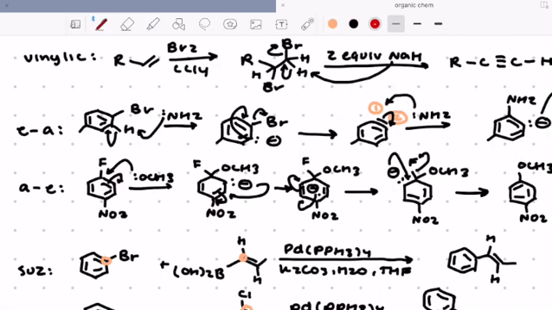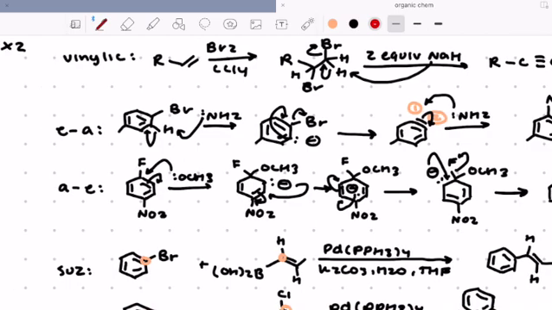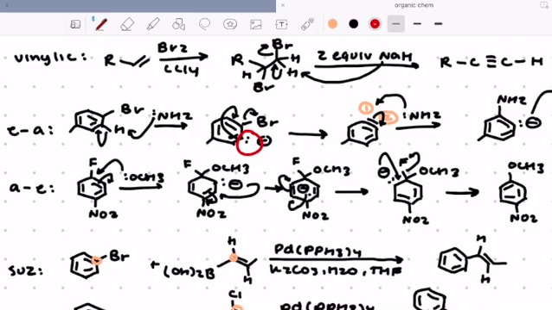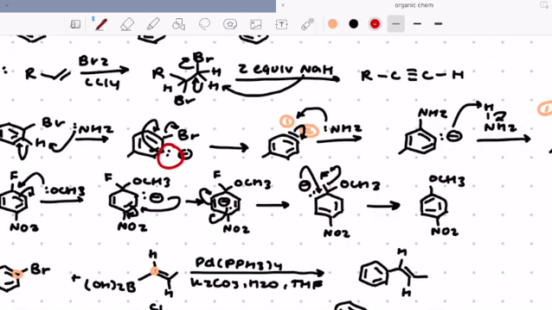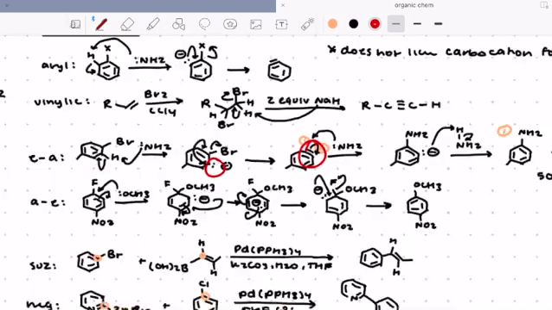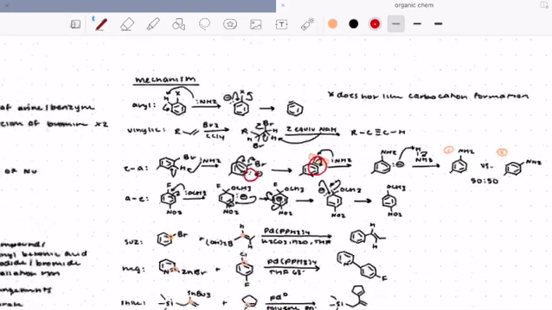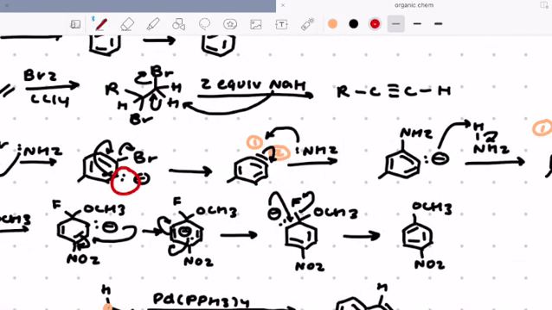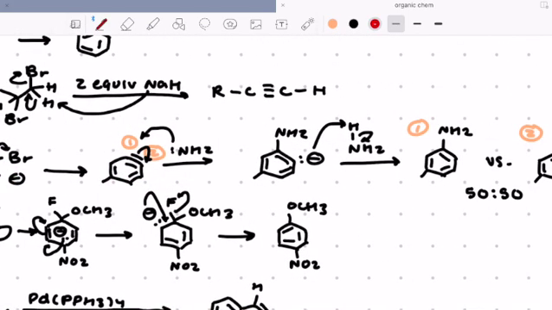Again, you're going to be using NH2 to remove a proton and shift electrons on the aromatic ring. Due to rearrangement, you're going to form that benzyne as well, and then you can add on your amine group.